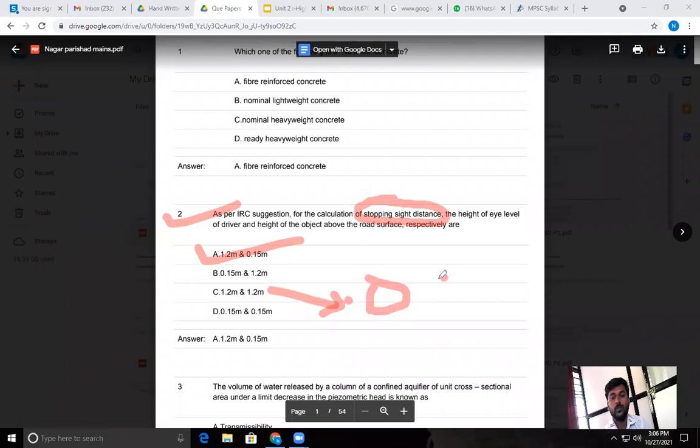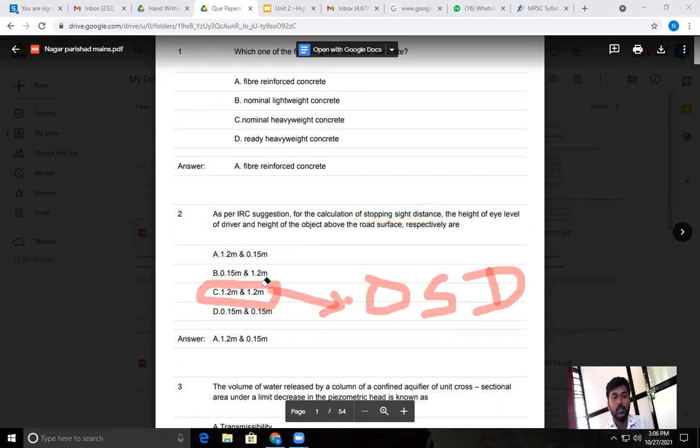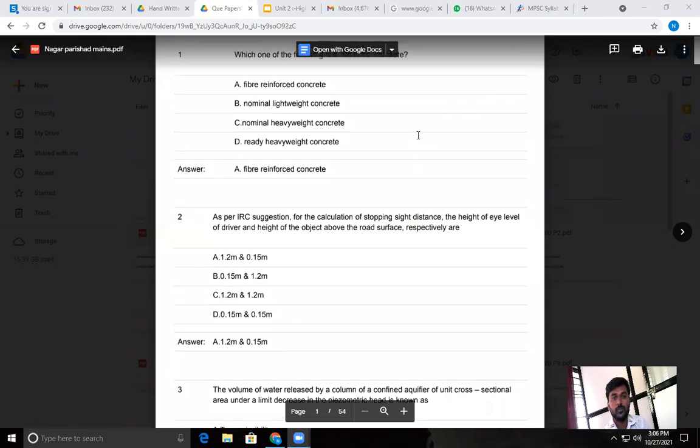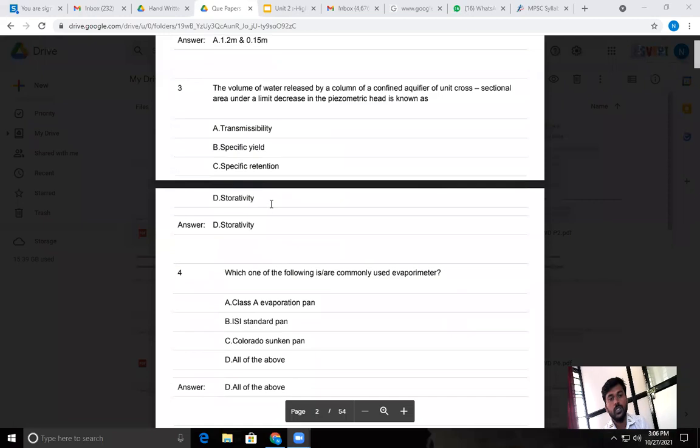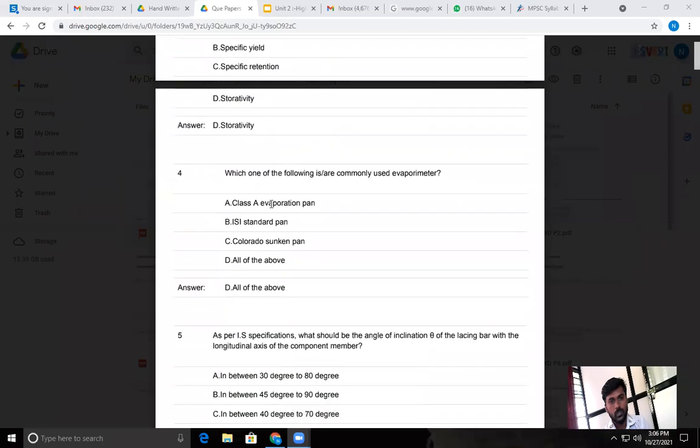For overtaking sight distance, we take 1.1 meter as the driver height as well as the object height. Okay, this is taken for the OSD. This question was asked in the 2018 question paper of Nagar Parishad.